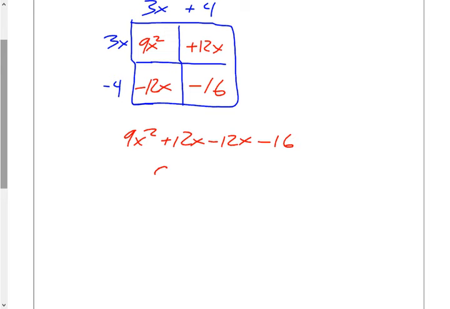And these two in this case cancel out, and we're just left with 9x squared minus 16.